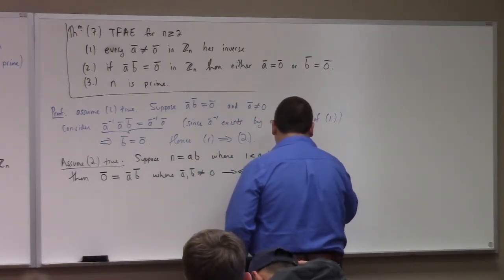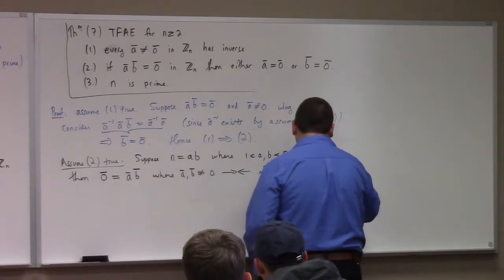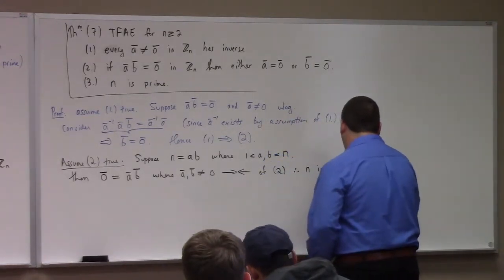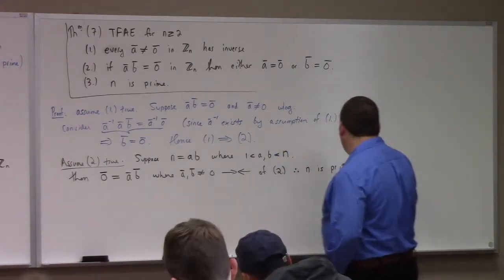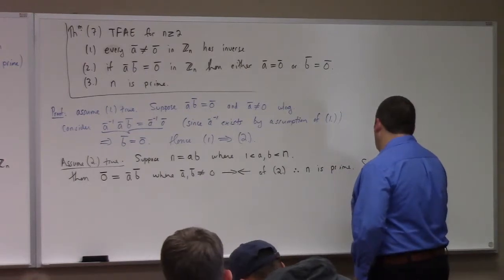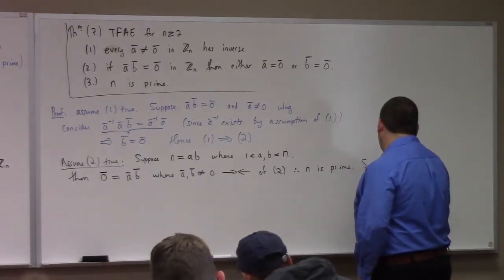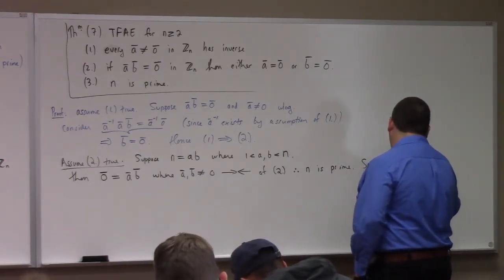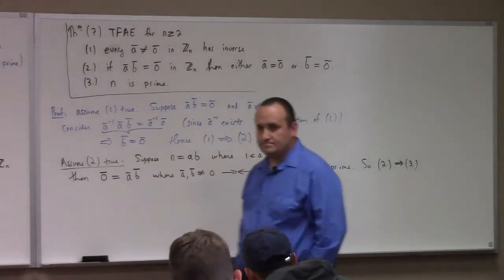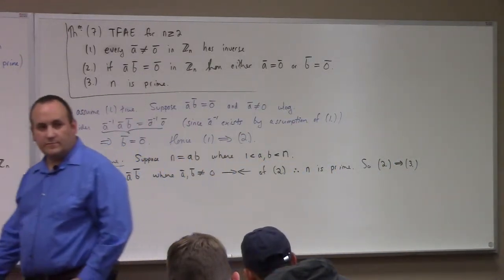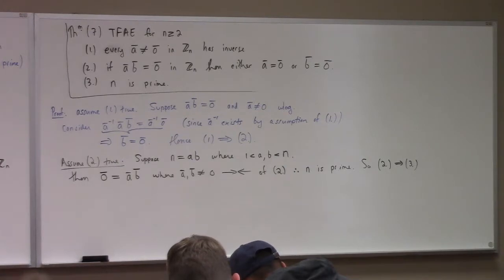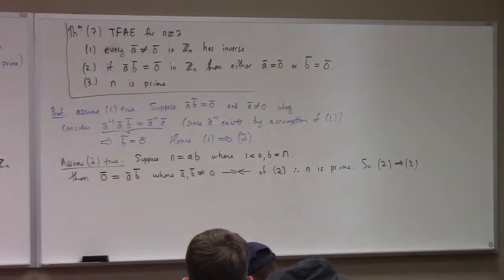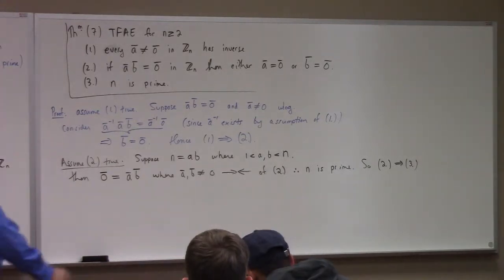Therefore, n is prime. So that's 2 implies 3. What will seal the fate of this theorem? If we can show 3 implies 1, right? Then we get equivalence. Circle's complete, so to speak.